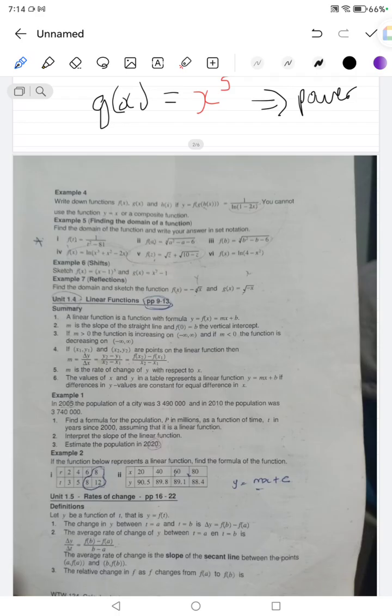Then the other ones, they show imperfectly. Okay, sorry about that.